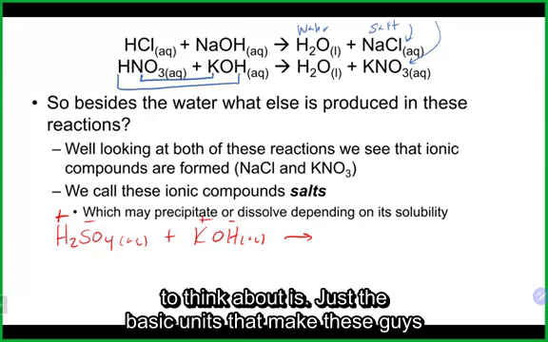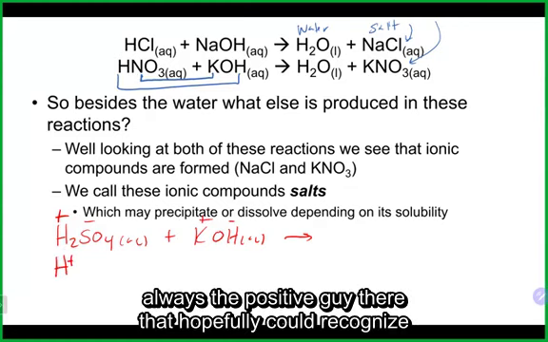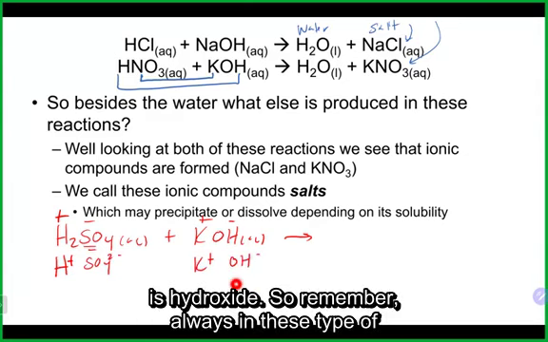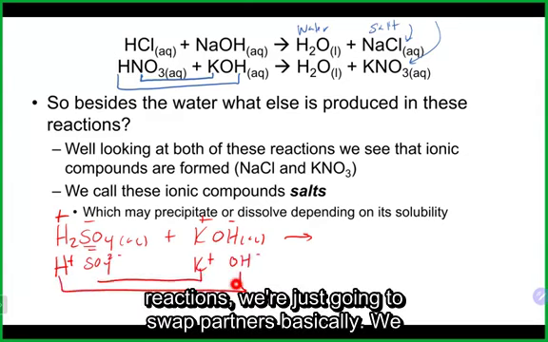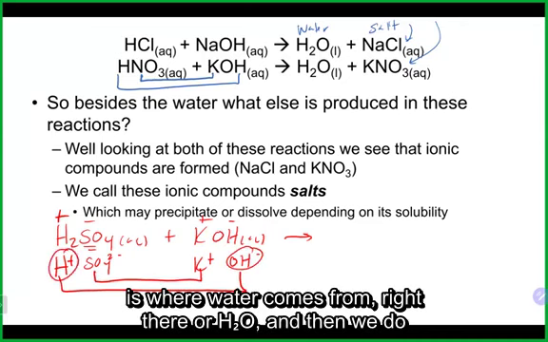So really what we want to think about is just the basic units that make these guys up. For all acids, the positive guy is always H plus. So that's always the positive guy there. That hopefully you can recognize as sulfate. Over here, that is potassium, group 1, and that is hydroxide. So remember, always in these types of reactions, we're just going to swap partners, basically. We know we're going to get water as a result of this, so that is where water comes from right there, our H2O.